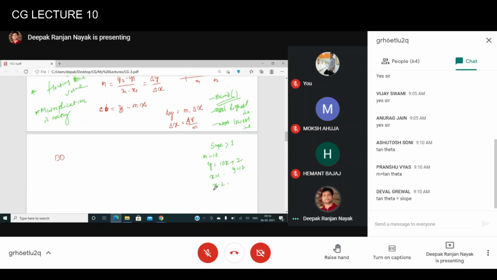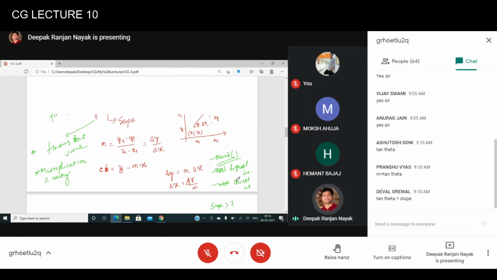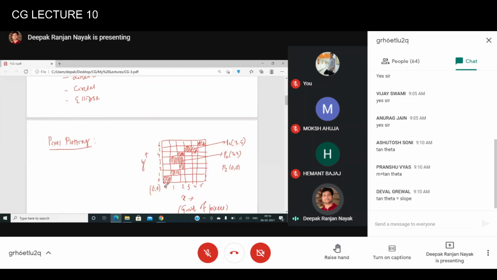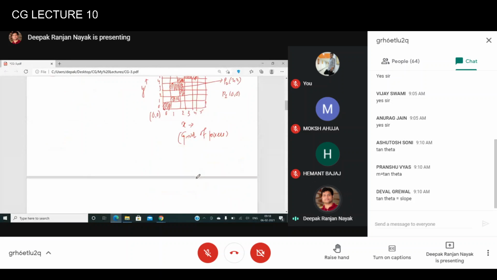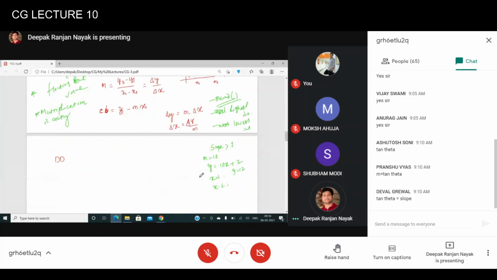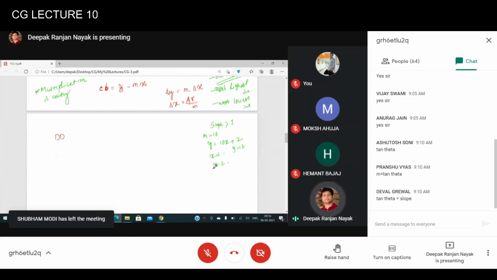This logic, right? Because it has to always increment by 1, as we have seen here, because these are all continuous values, 0, 1, 2, 3. There is an increment here by 1. So we will always sample one axis at unit intervals, and then the other will be calculated and rounded to the nearest pixel.